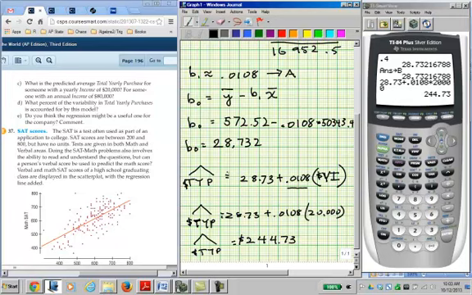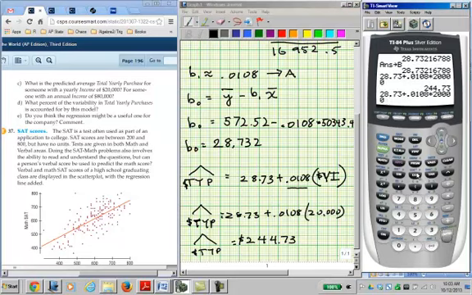Now, what about somebody who makes $80,000? To make this easier, we can hit second and enter. The same command comes up and we can edit it. We can arrow up and then over, change the 2 to an 8 and hit enter.